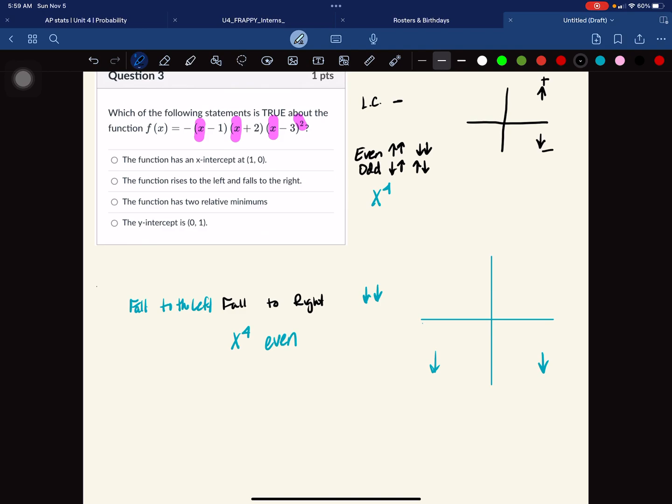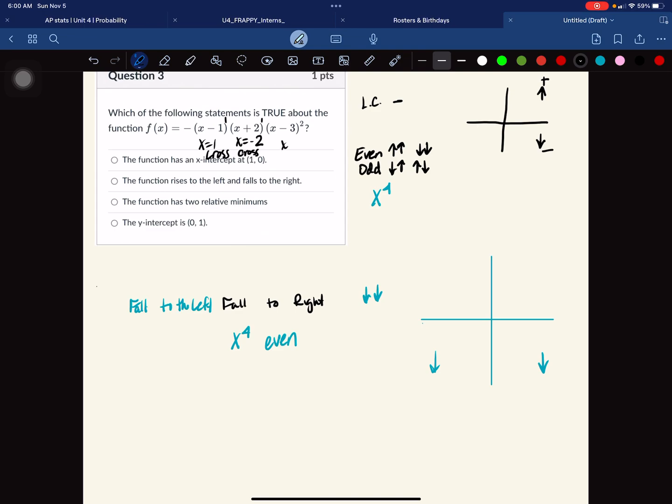All right, the third thing, since it's all nice and factored for me, is that I can go ahead and get my zeros. I see that I have a zero at x equals 1 that's going to be a cross, because it has an exponent of just 1, so it just is going to cross the x-axis, no bouncing, no wiggling. I'm going to have x equals negative 2, also a cross, because the exponent there is implied to be a 1.